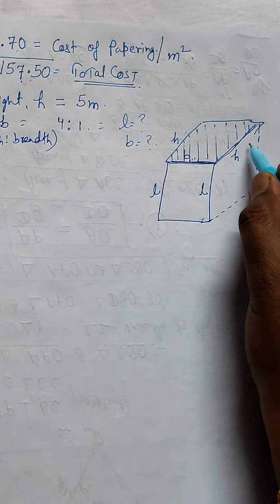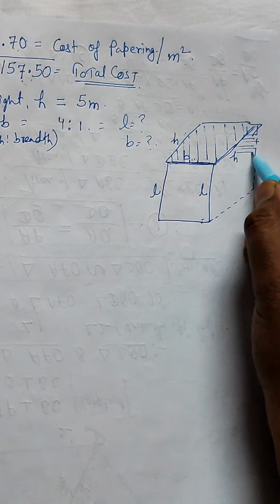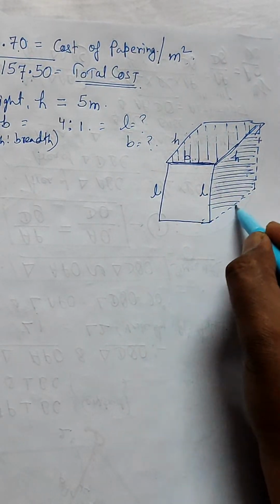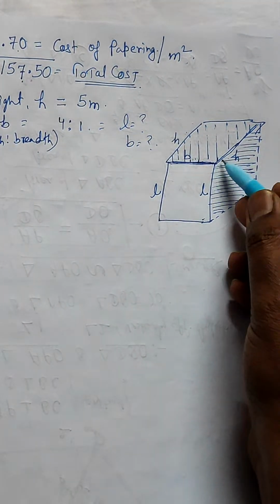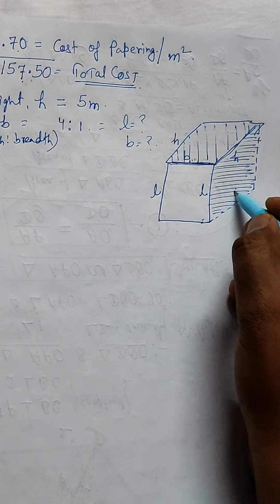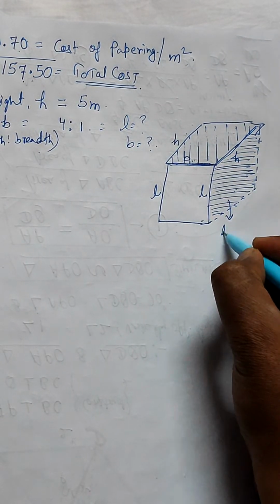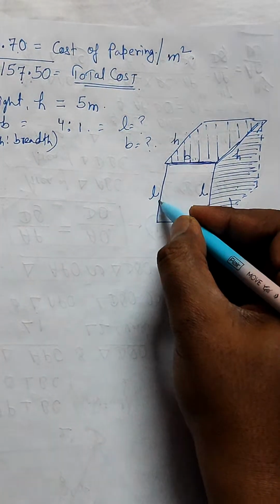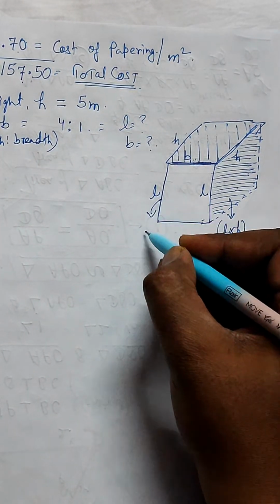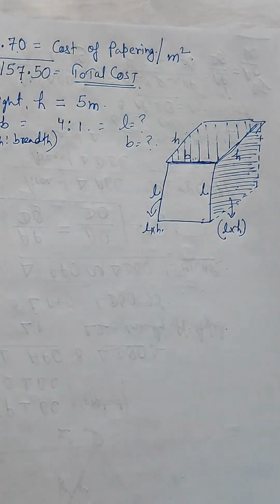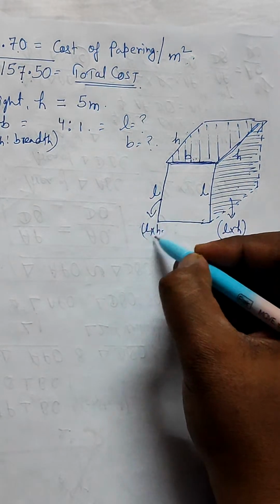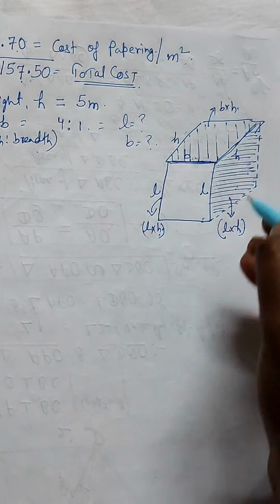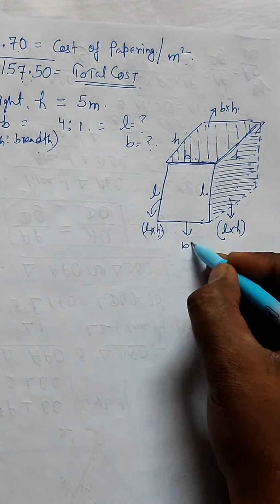Then this will be L into H. So such faces are 2 times. That means if this L into H is on one side of the room, then on another side here also it's L into H, right? And here if it's B into H, then here also it's B into H.